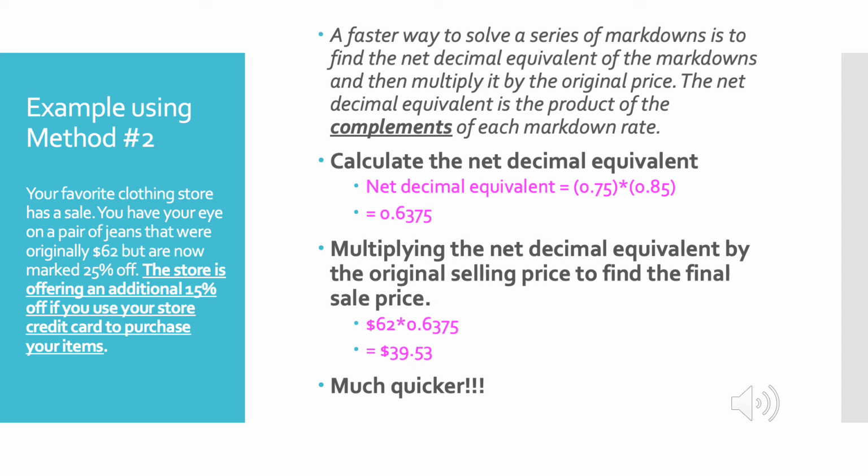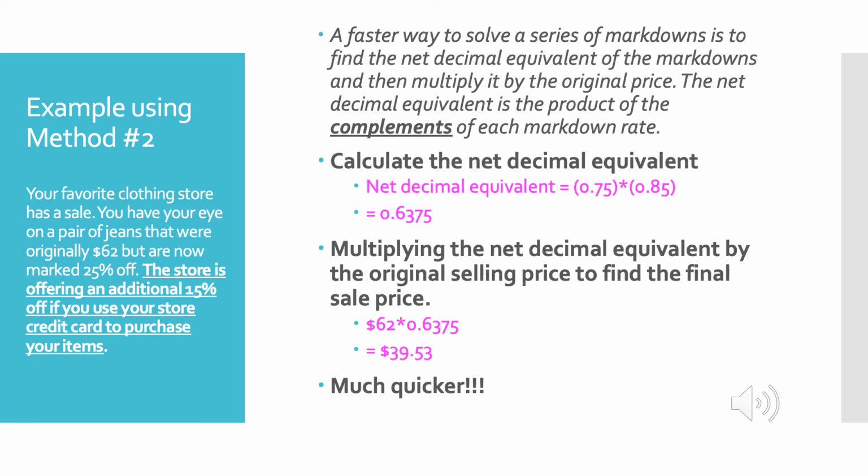So in our example, we had a markdown of 25%, which means the markdown rate was 0.25. What is the complement of 0.25? To find the complement of a decimal, you take 1, which is 100%, minus your percentage. So 100% minus 25% is 75%, or 0.75.